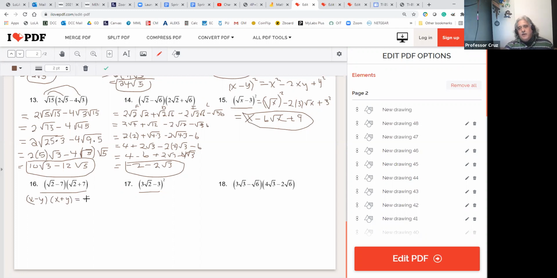So this ends up being x squared minus y squared. All right. So, work it out if you'd like. But like I said, you're going to lose the middle terms.